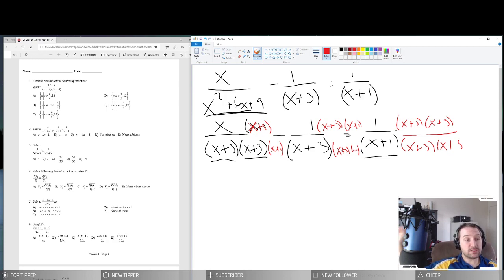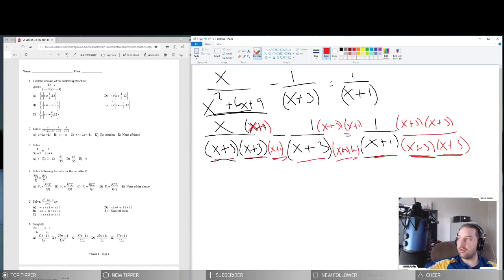Now, all of these terms have the 2 x plus 3's, and then they each have the x plus 1. So now the denominator is the same. If I multiply everything by the denominator, it'll disappear.